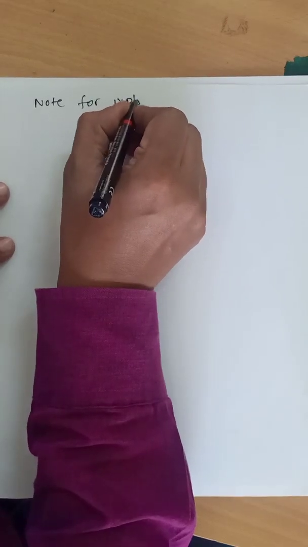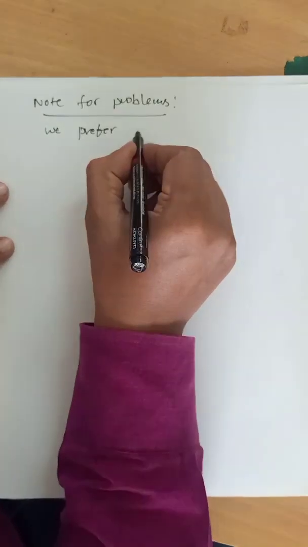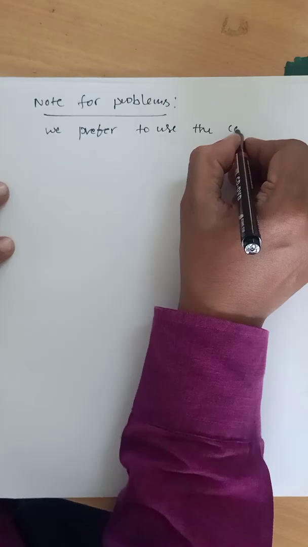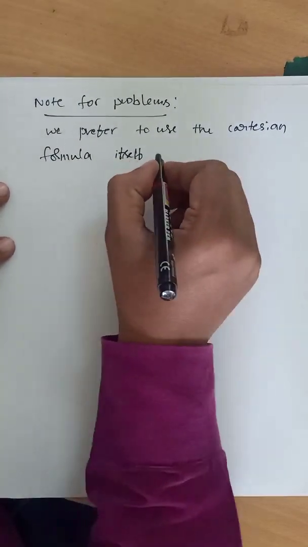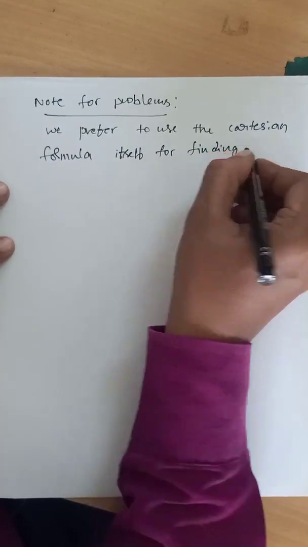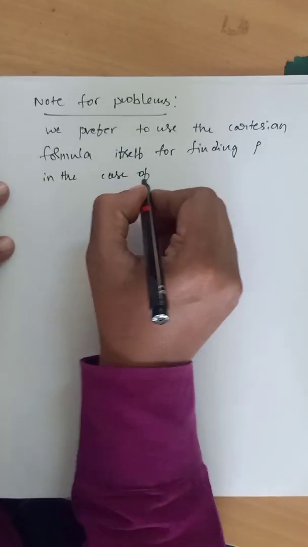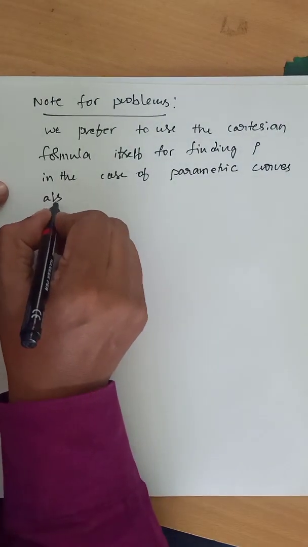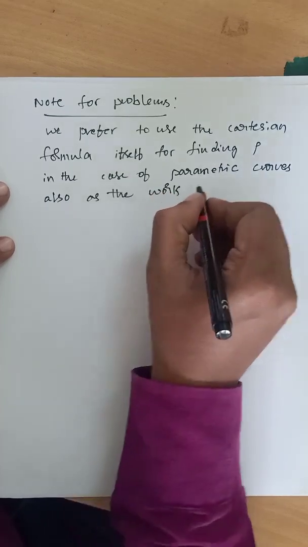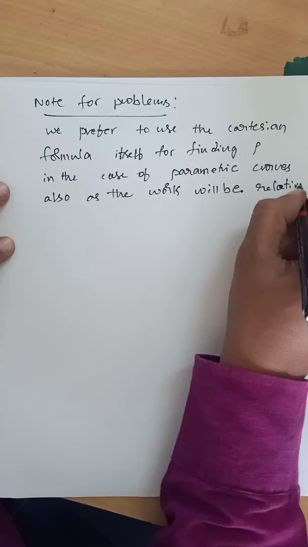Note for problems. We prefer to use the Cartesian formula itself for finding rho, meaning radius of curvature, in the case of a parametric curve also, as the work will be relatively easy.